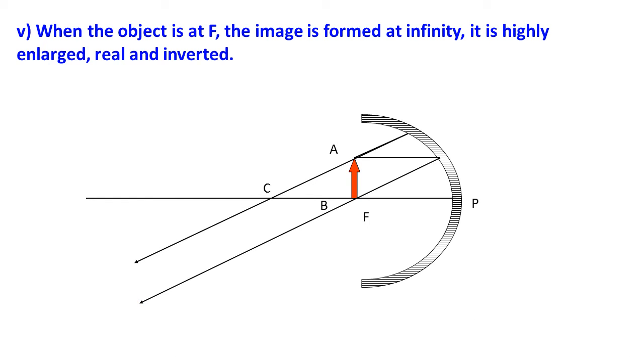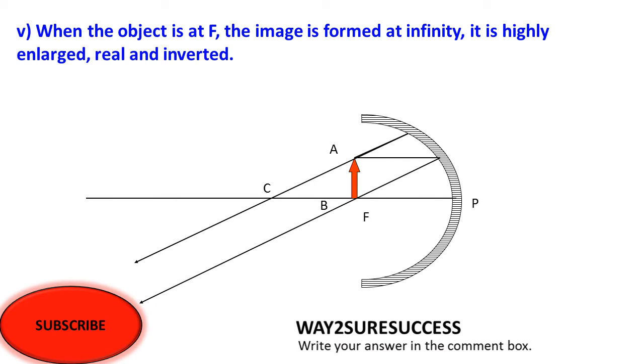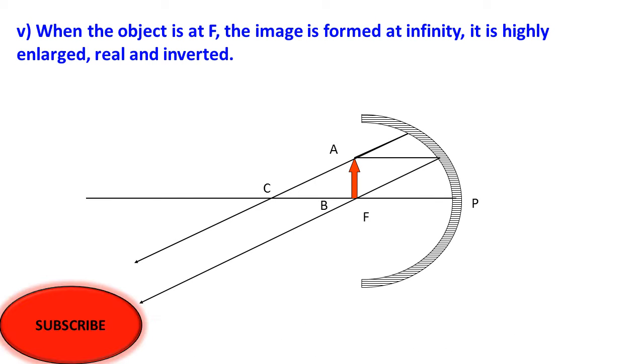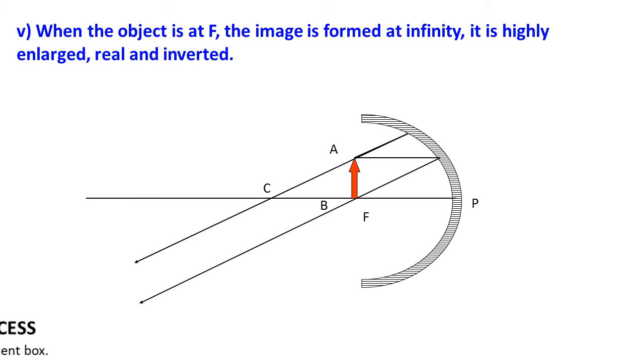It is observed that both light rays will not coincide in this case. They may coincide at infinity, but it is unknown. So what can we tell here? The image is formed at infinity. It is highly enlarged. It is real and inverted.